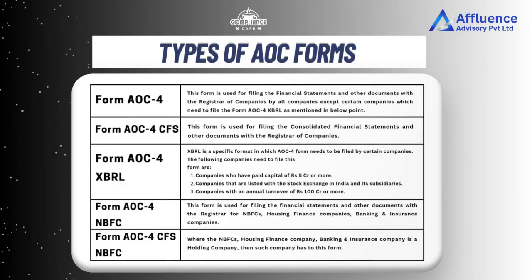However, there are certain exceptions such as sectoral companies such as NBFC, housing finance companies, banking and insurance companies. They are required to file Form AOC-4 NBFC, and if their accounts are getting consolidated, they need to file Form AOC-4 NBFC CFS.